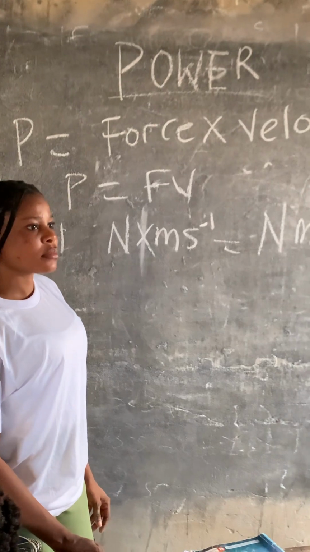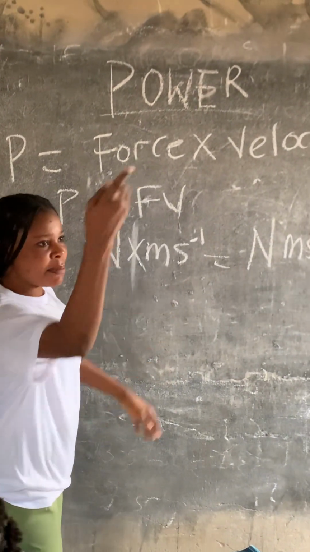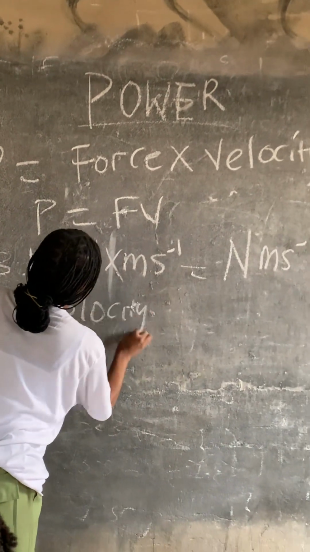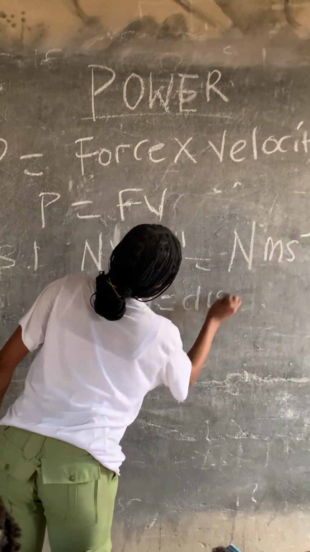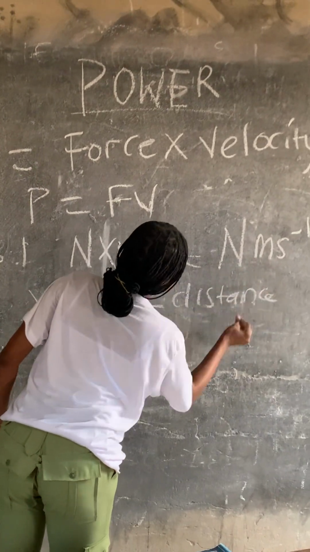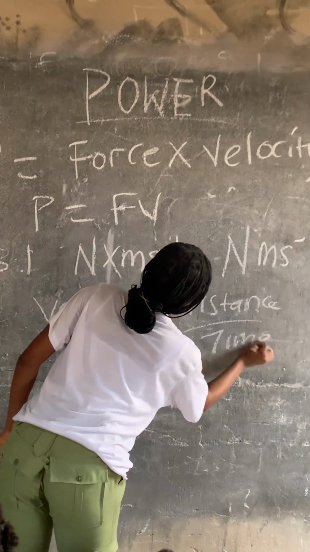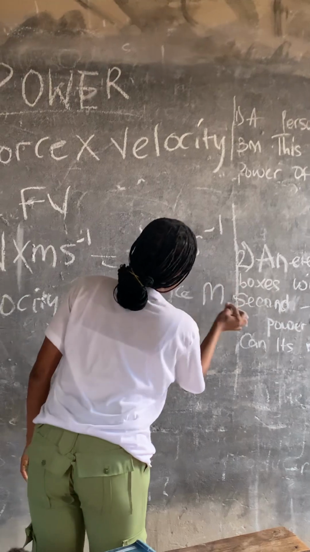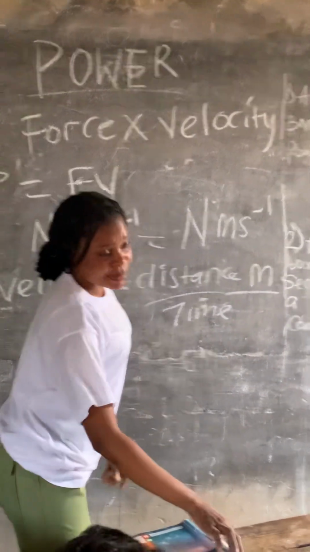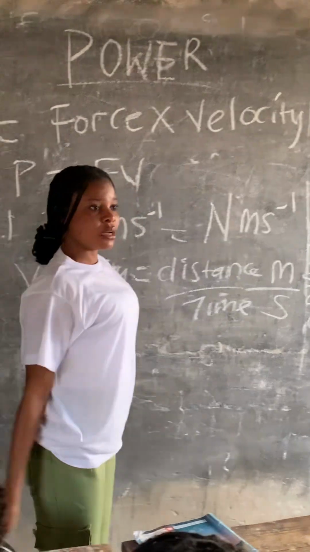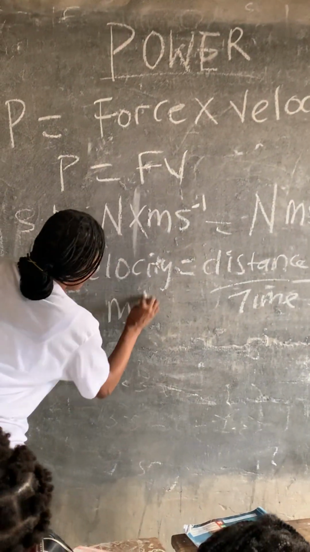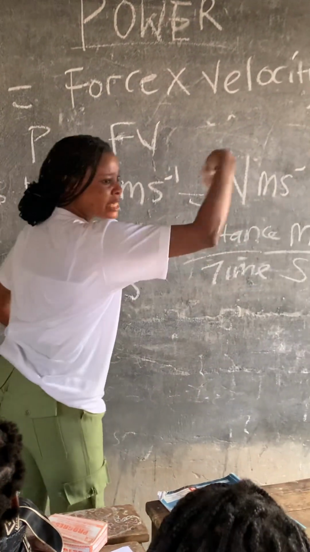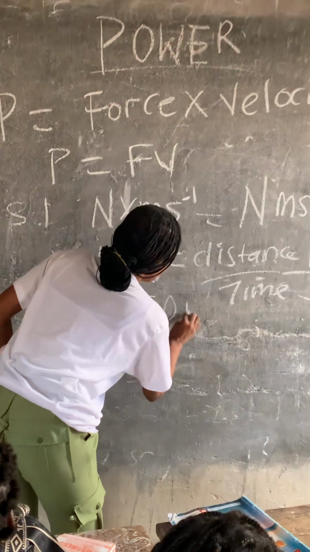Okay, let me show you how the -1 comes in. You say that velocity is distance all over time, right? Distance is measured in meters and time is measured in seconds. So you can write it as meter per second, that is meter all over second, or mathematically, using indices, meter second to the power of -1.